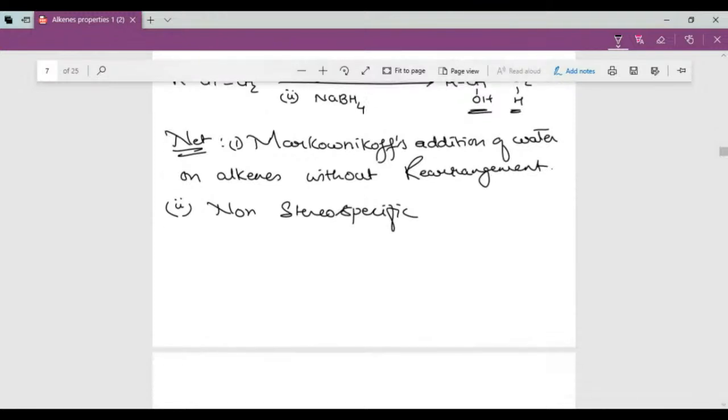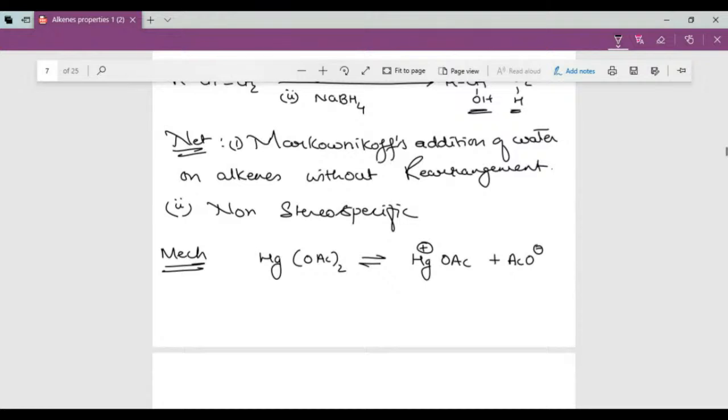Let us see how the reaction proceeds. What is the mechanism of this reaction? Under aqueous conditions, our Hg(OAc)2 is HgOAc positive plus AcO minus.